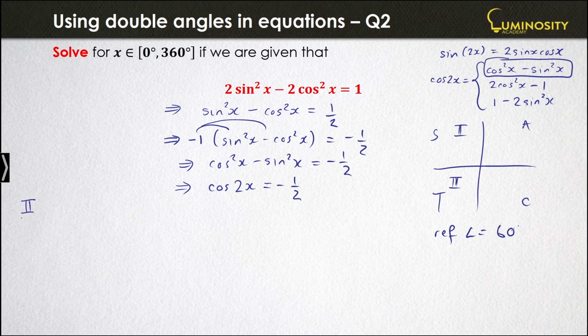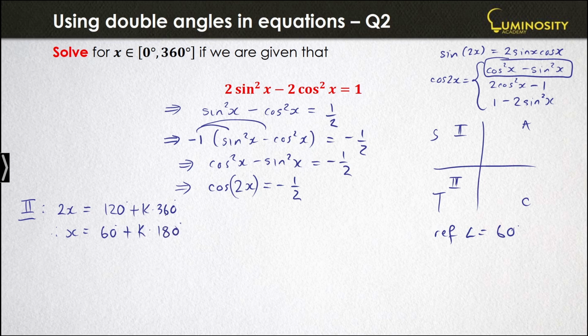So in the second quadrant, it's going to be your angle 2x equals 180 degrees minus the reference angle. So that's going to be 120 degrees plus k times 360 for the period of cos. And then if I divide both sides by 2, I get x equals 60 degrees plus k times 180.